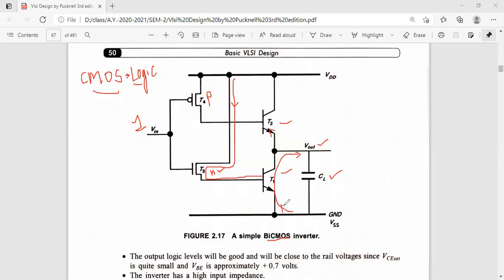So the value which is present here, that is VSS, generally it will be ground. That means around 0 volts, right? Ground is 0 volts, VSS is almost 0 volts. That is going to come at the output. So output is 0 volts, it is 0, right? You understand right now?